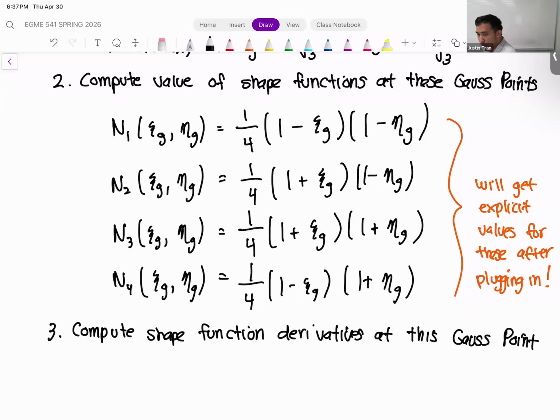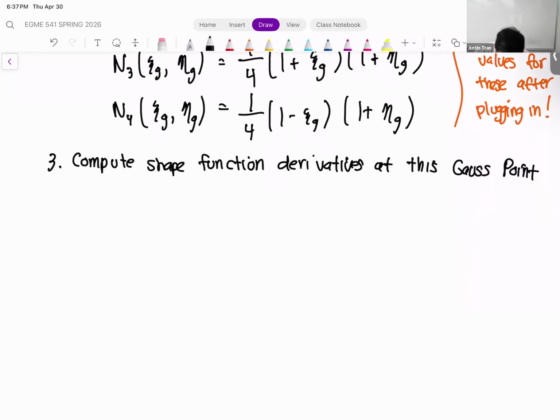And since we have our Gauss point here, we've already established in step one that we should be able to compute everything that we need, because anywhere we need epsilon and eta plugged in, we just plug in our epsilon and eta from this particular Gauss point. So let's go ahead and plug in for that. Partial n1, partial epsilon is equal to minus 1/4, 1 minus eta g.